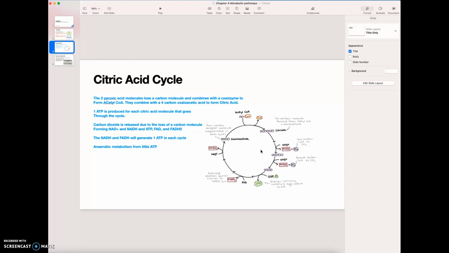And the citric acid cycle forms 2 carbon dioxides, 1 carbon lost as CO2, the second one lost as CO2, and it actually forms 2 ATP because the cycle happens twice, depending on how many times citric acid passes through. And the citric acid cycle is an anaerobic metabolism, which forms little ATP.